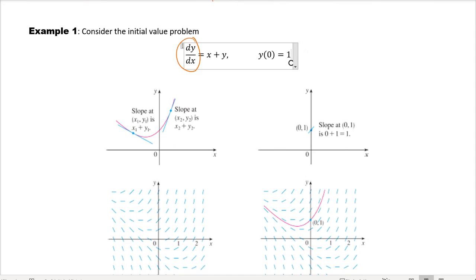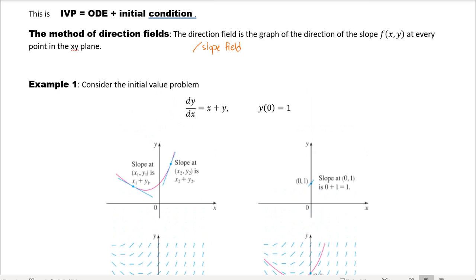If you remember from calculus 1, the derivative is the slope of the tangent line, right? So given a curve and a point on it, the slope of the tangent line equals the derivative at that x. That is the slope of the tangent line.